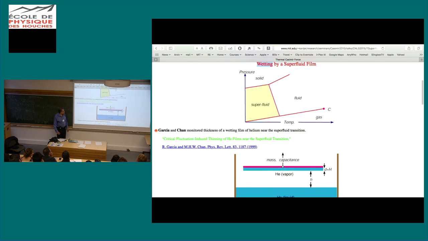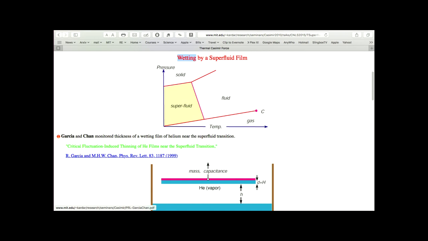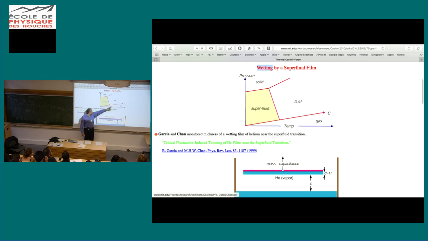Okay. Now what they did was, you figure out what the thickness of this film is at room temperature, at whatever the relevant temperature is, and then you gradually pump out helium so that the whole thing becomes lower and lower temperature. So essentially, you go down this coexistence curve and you continue to measure the thickness of the film.